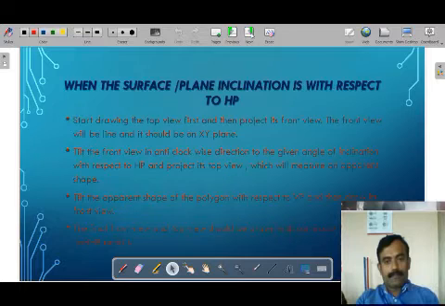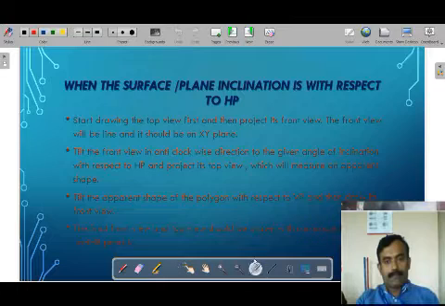Before highlighting the mistakes, let us discuss the procedure to draw the projection of planes problem. First, find out the surface inclination, whether the surface is inclined to HP or VP. Let us assume that the surface, plane or lamina is inclined to the HP.